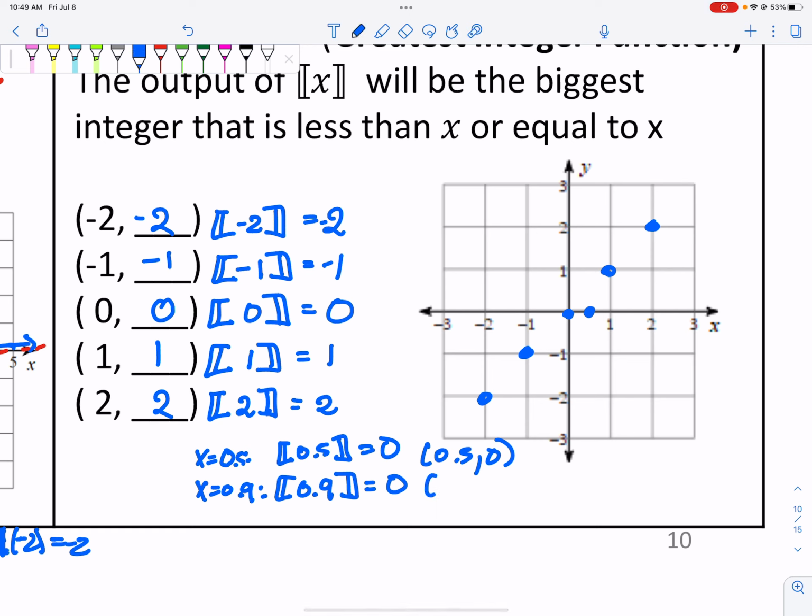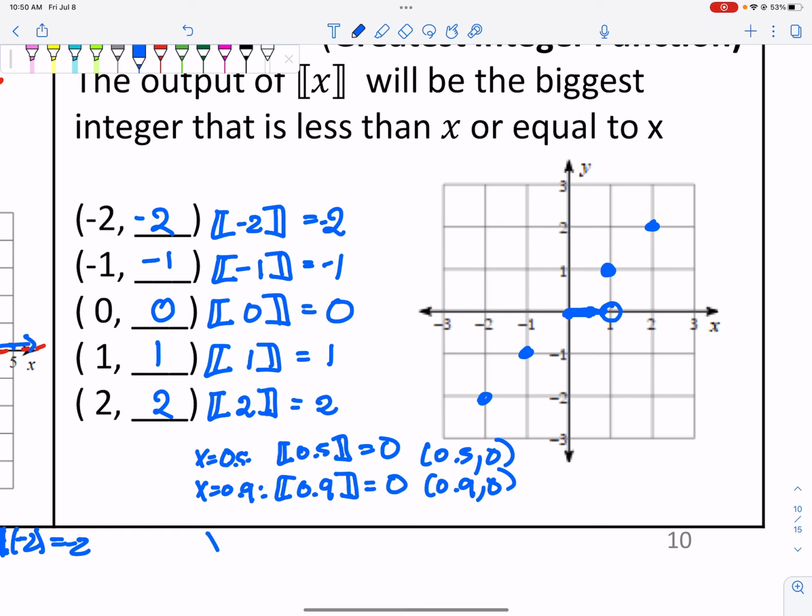So if we input a 0.9, we're going to end up with a 0 as well. So if we put in a 0.2 or 0.1 or 0.3, we're going to end up with a 0. But if we were to put in a 1, we're going to end up with a 1. So right here, we're going to have an open circle, because when we input the x value 1, the output will be 1 and not 0.